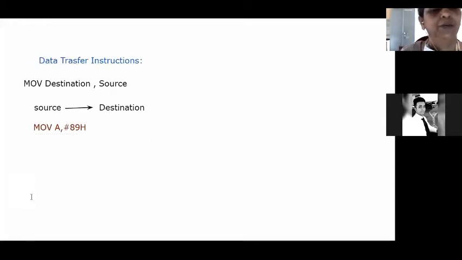Can anybody tell me what is the meaning of this instruction? Which type of addressing mode is used in this particular instruction? Immediate. Immediate addressing mode.